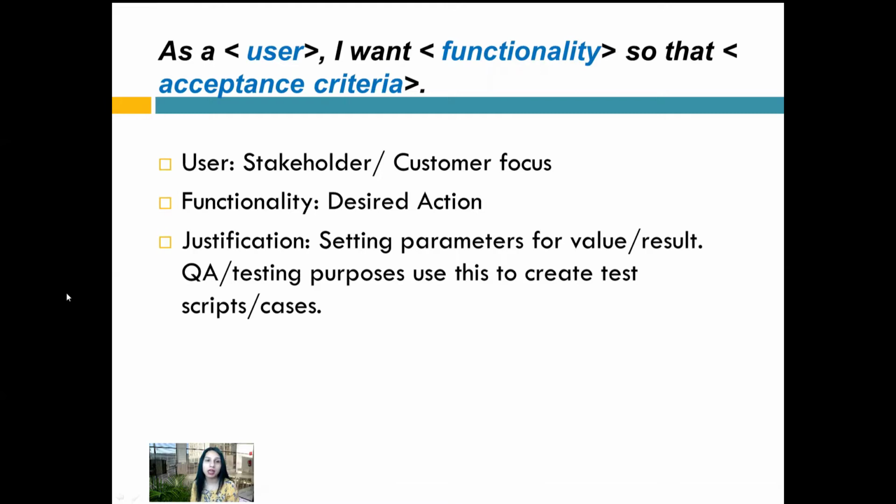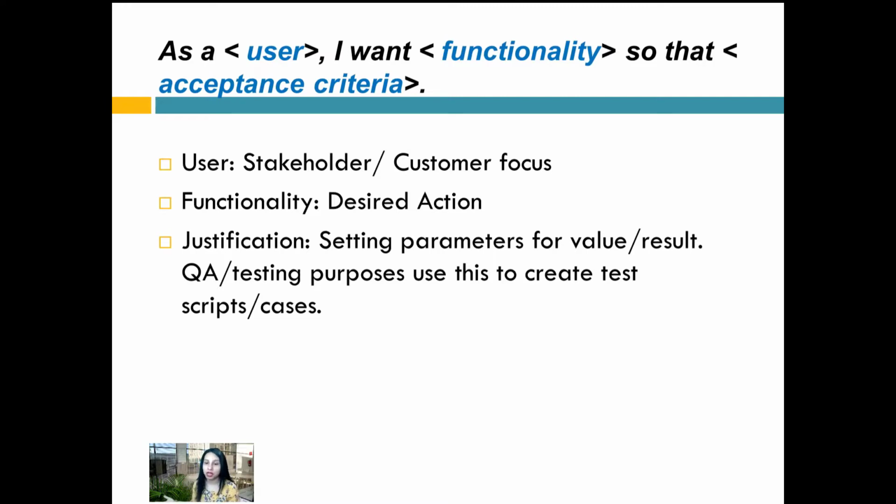So the format is: as a user, I want some functionality. The functionality is, from this standpoint, our desired action, so that the acceptance criteria in the beginning, when a user story is in the product backlog, could be very, very generic, right?